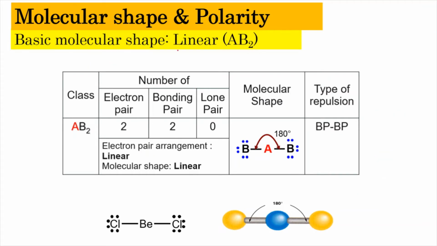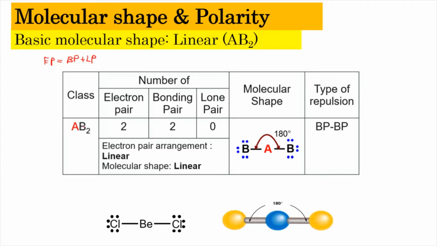So now we're going to look into the linear first, which has a class of AB2. So the number of electron pairs is going to be 2, in which 2 of them are bonding pairs. So the number of electron pairs here is basically equal to the number of bonding pairs plus lone pairs.